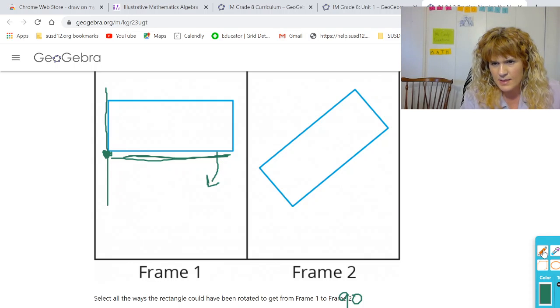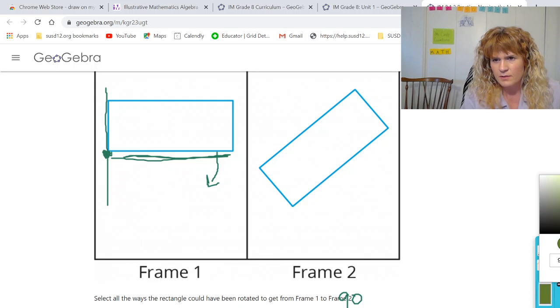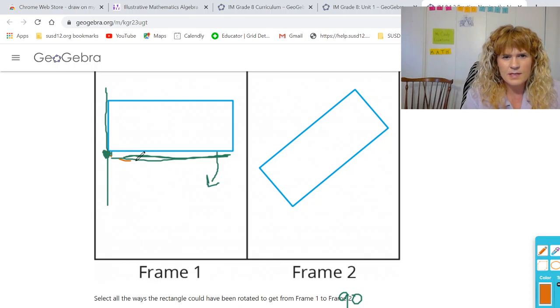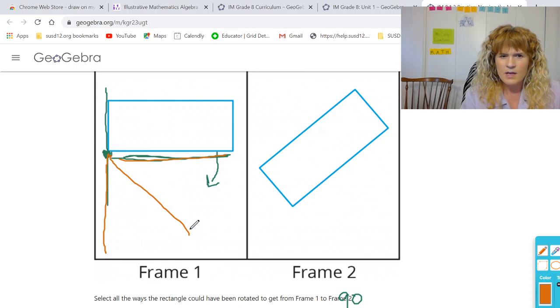And it's easy to estimate 40 degrees. If this is 0 degrees, and then this is like 90 degrees down, halfway between there is 45 degrees. So a little bit less than that would be 40 degrees.